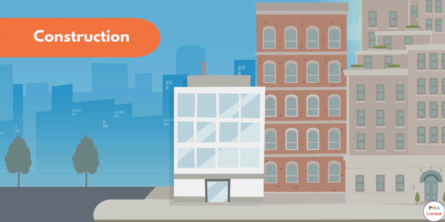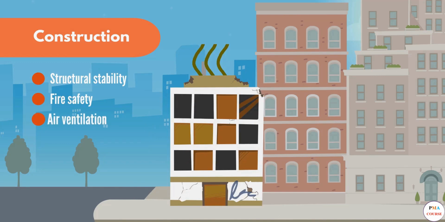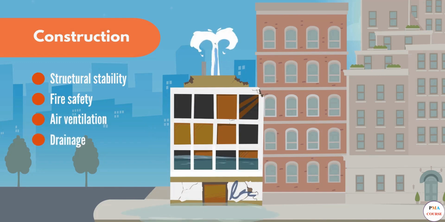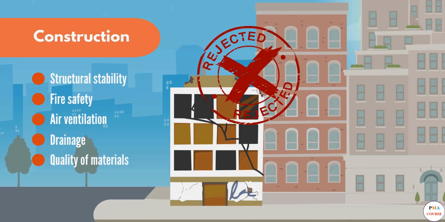As you can imagine, most of the numerous quality standards are set by regulation and therefore require special expertise to be properly managed. These are things like structural stability, fire safety, air ventilation, drainage, electrical safety, quality of materials, plus so many more. Without these regulations met, the project is unlikely to get the required authorization documents.